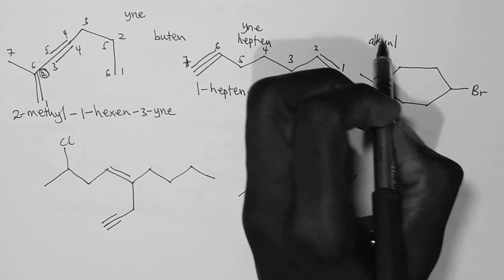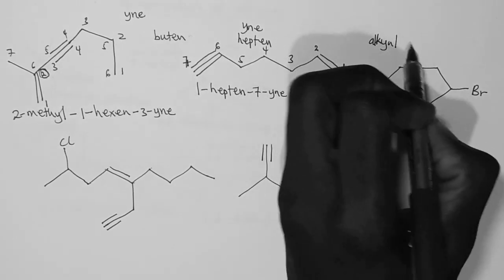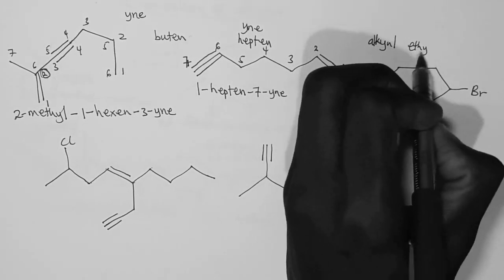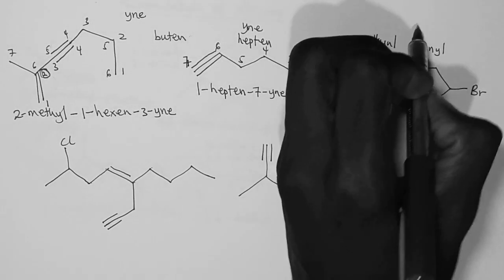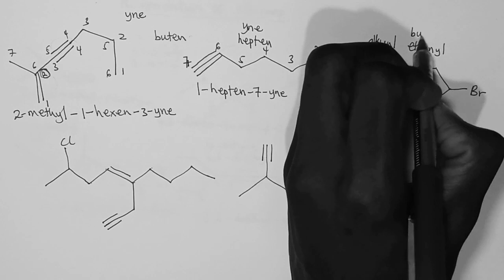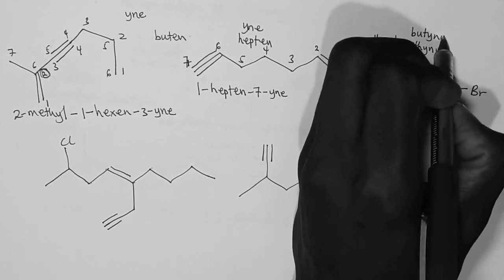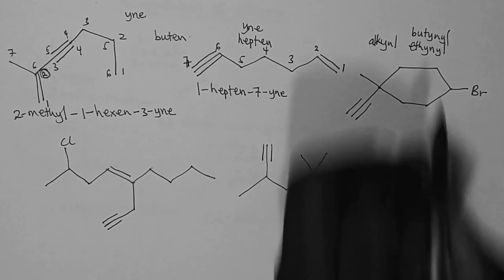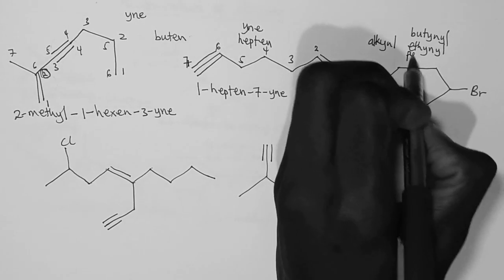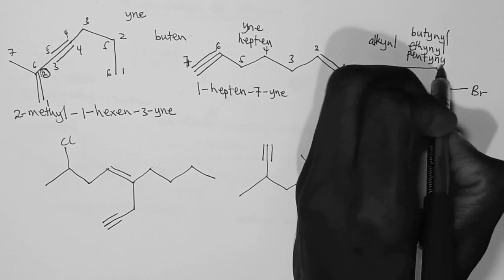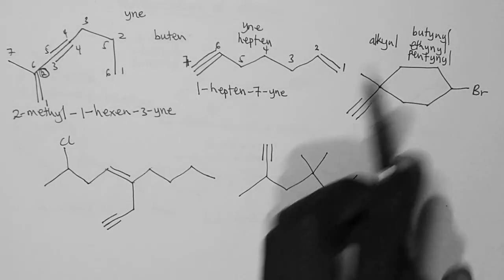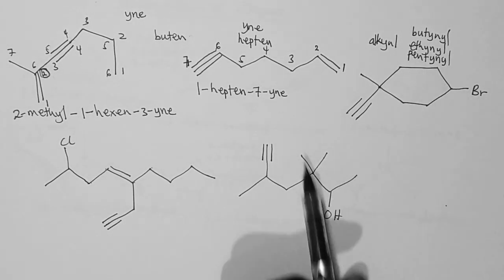So if it is 2 carbons, ethene, then that will be ethenyl. This will be the name. If it is 4 carbons, then it will be butenyl. 5 carbons, then pentenyl. So this is 2 carbons and therefore it's going to be ethenyl.